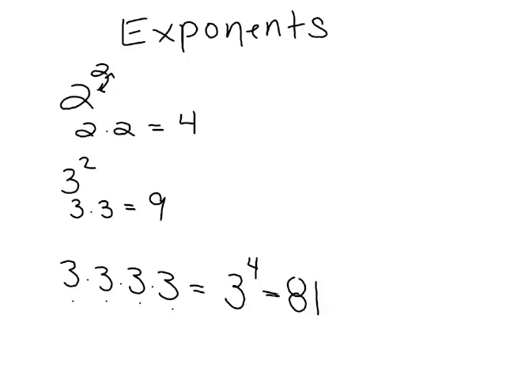It's probably going to be helpful if you can start to memorize some of the exponents for the most commonly used numbers. I would say 2, 3, 4, and 5. You may want to memorize some of those.